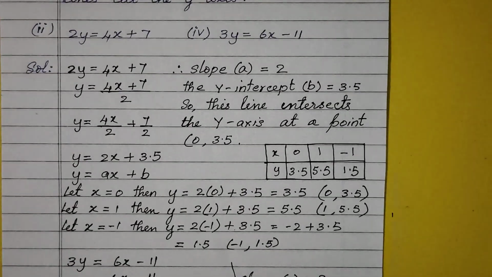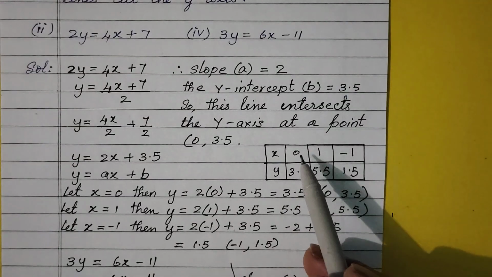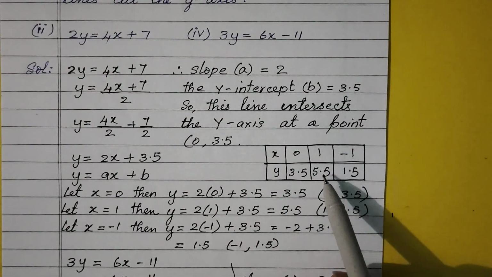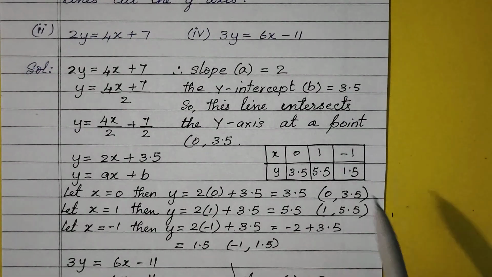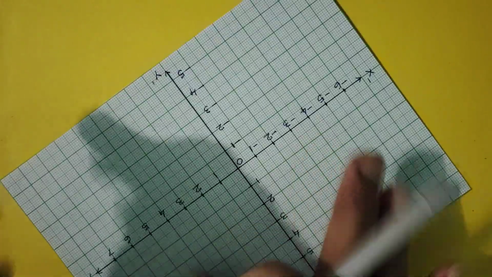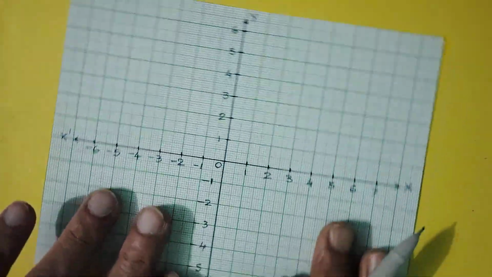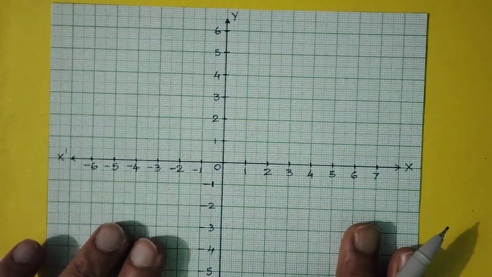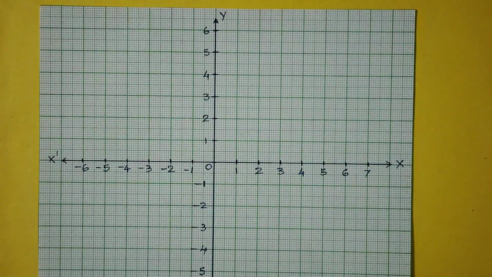The first one's values are 0, 3.5; 1, 5.5; minus 1, 1.5. So we will plot it. So the first point is 0, 3.5. x is 0, y is 3.5.